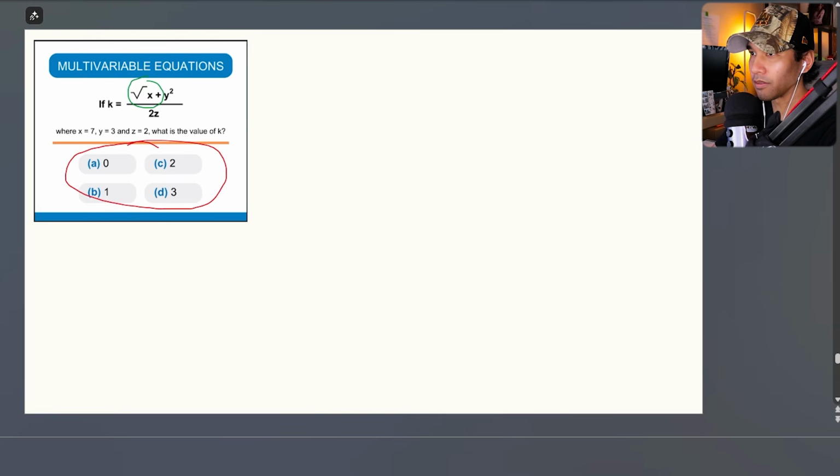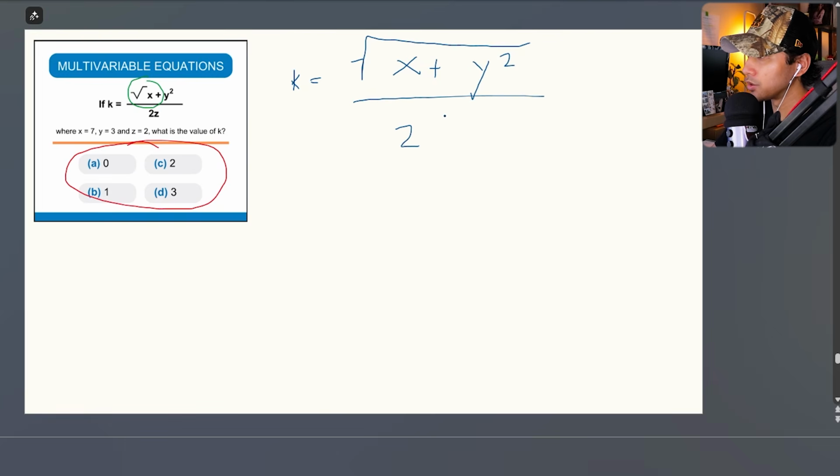Okay, I actually don't like green. I'm going to go with blue. Sorry, guys. This just frustrates me a little bit. So this is how they probably meant to write this equation. K equals square root of everything, x plus y squared, over 2z.